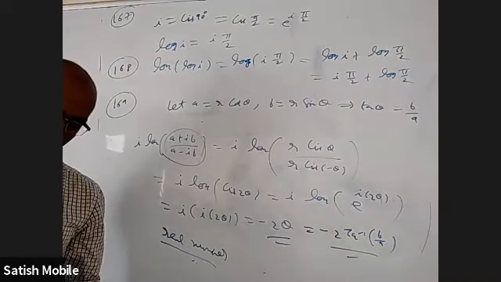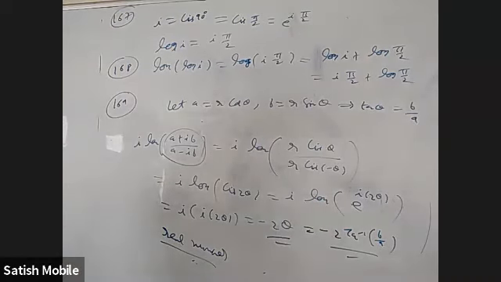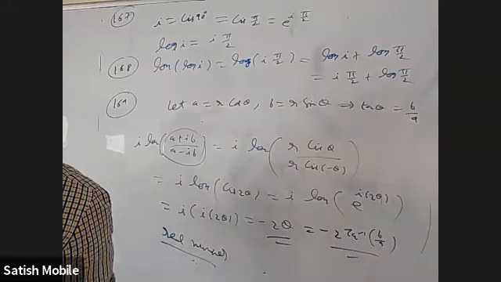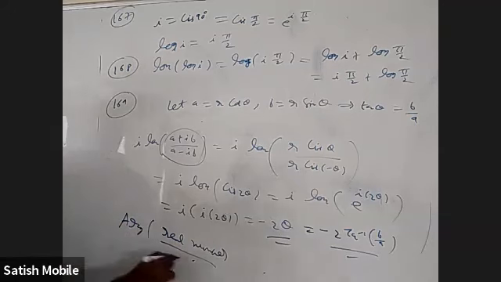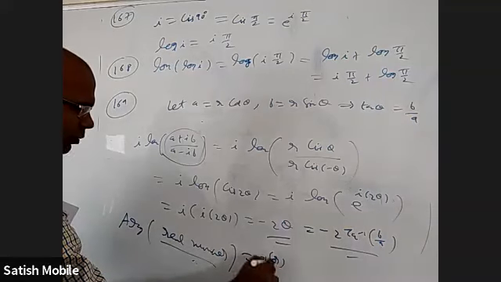Pi is not there in the options, so 0 is there. So argument of a real number equals 0 or pi.